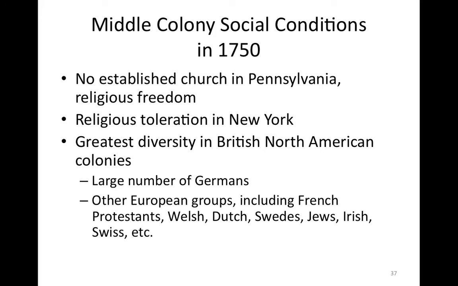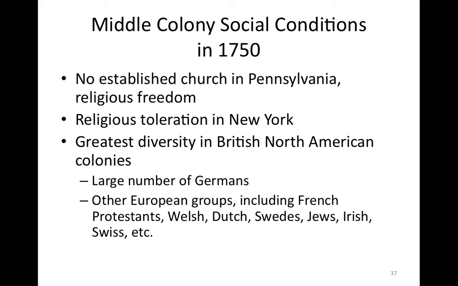And so, in the middle colonies, you see the greatest diversity in British North America. There were a large number of Germans, many of whom came from Europe looking to practice their own religions here in the New World. Many came from places like France, French Protestants.